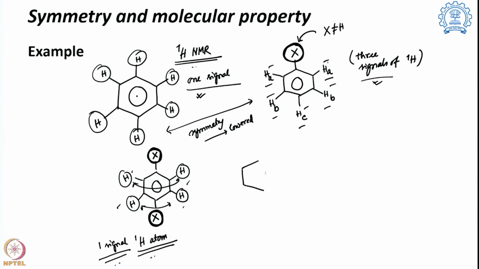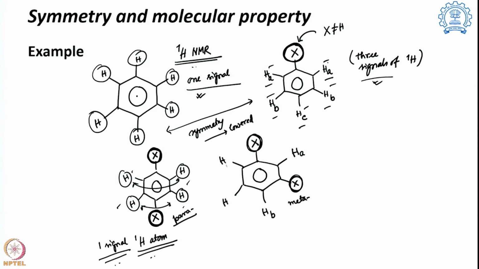Now say I am taking these 2 X's but not putting them in the para position. How about I put them in the meta position? Over there, how many hydrogen signals are we going to get? Obviously the first one would be this one, which is ortho to both the X groups, so that will be different.